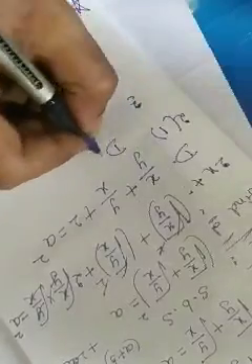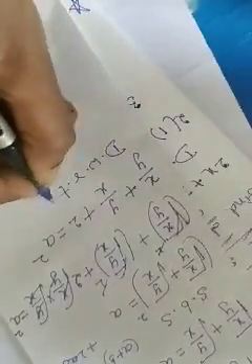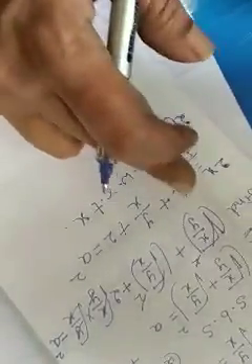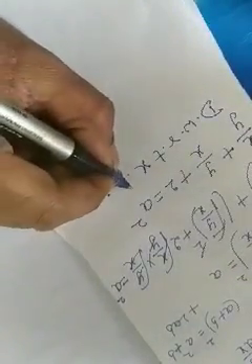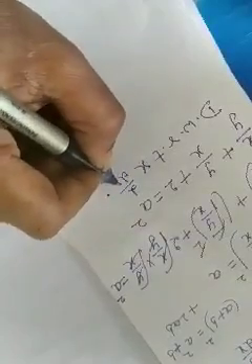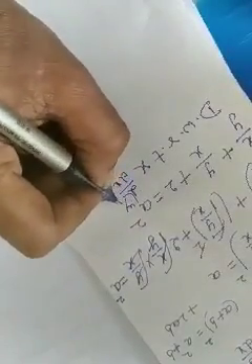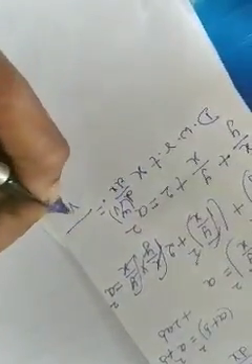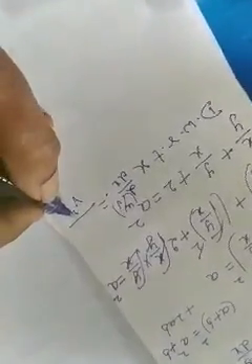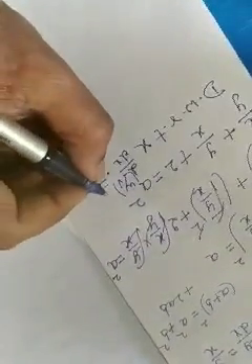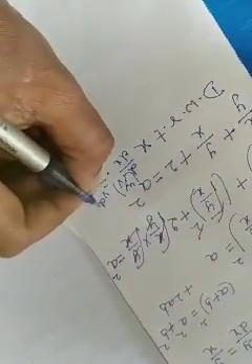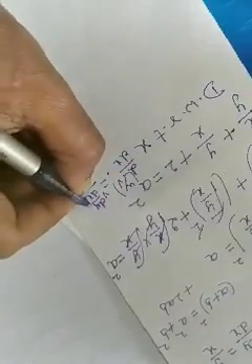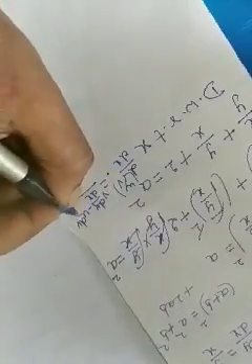Now differentiate with respect to x. Here we have to use the quotient rule. What is the quotient rule? d by dx of u by v is equal to (v into du by dx minus u into dv by dx) divided by v square.